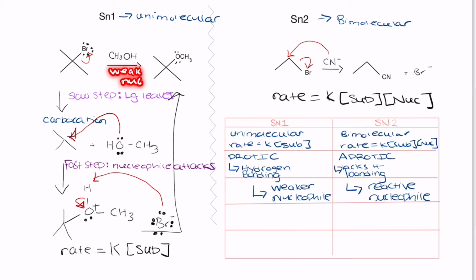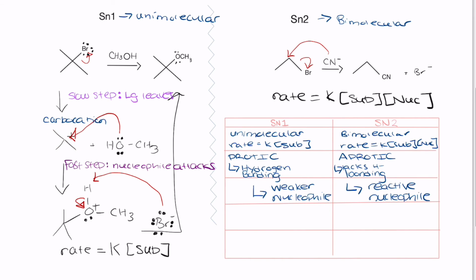Because if our nucleophile was too strong, it might go in and attack right away. And that would give rise to an SN2 reaction, where the nucleophile attacks right away. So now you see that it's really important that SN1 has a weak nucleophile because we want to allow time for that leaving group to leave and form that carbocation intermediate that we have over here.